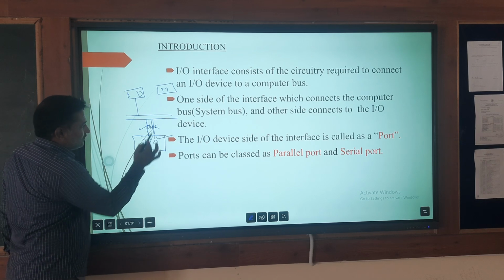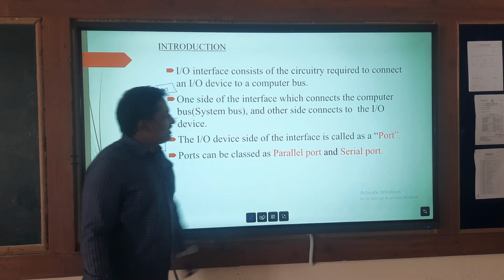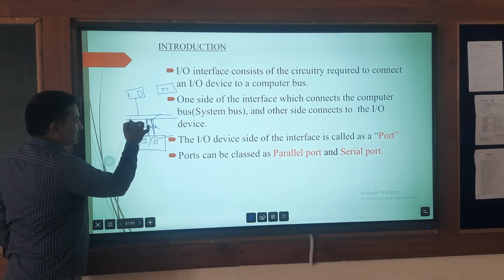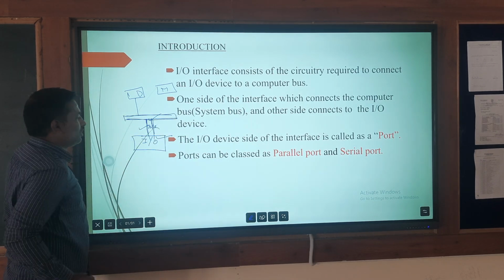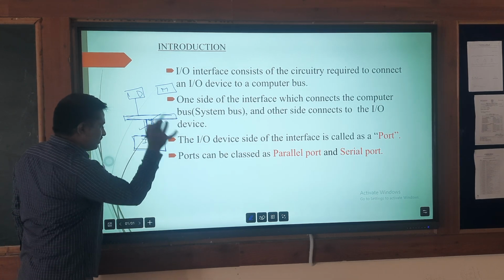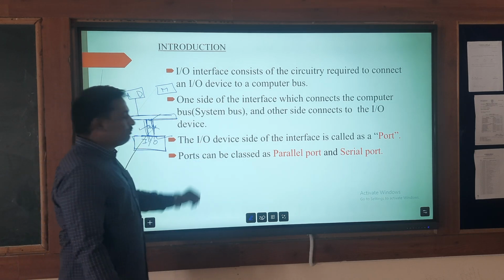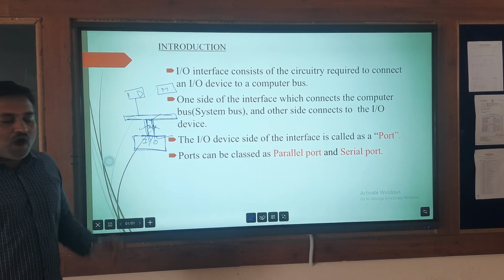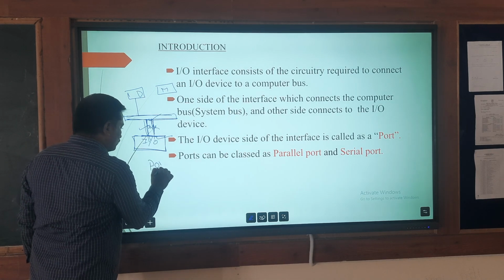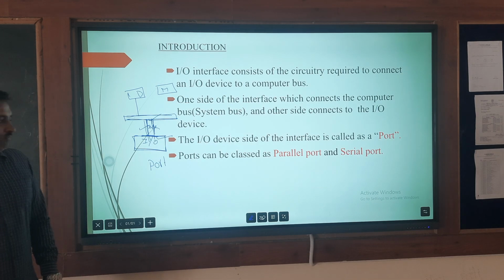One side of the interface connects to the computer bus. Yes or no? And the other side will be connected to the input-output device. The input-output device side of the interface circuit is known as the port.